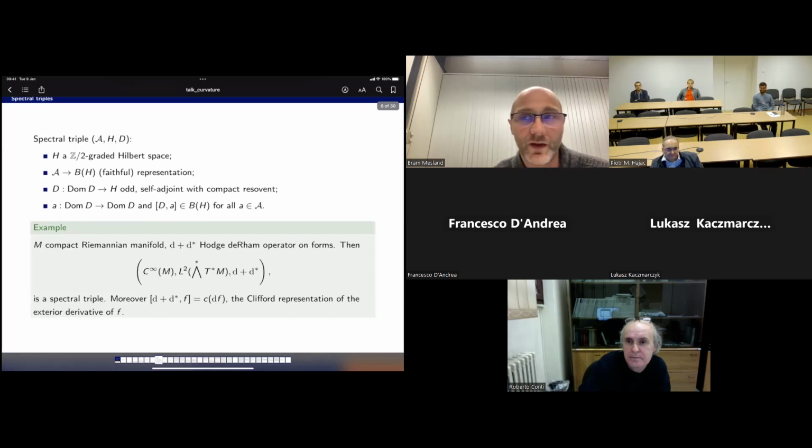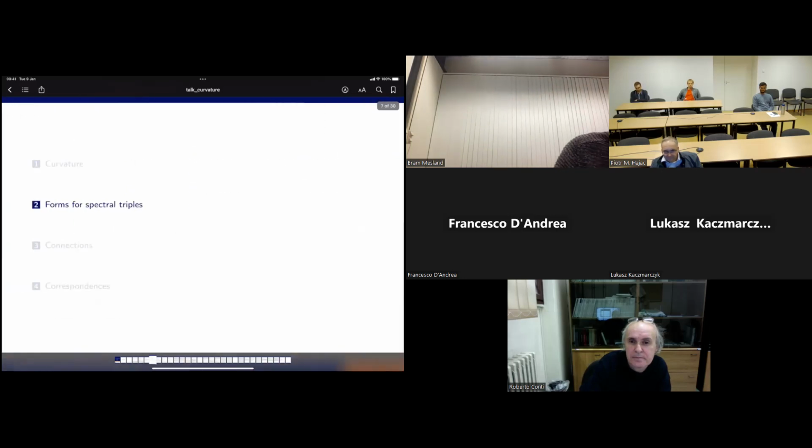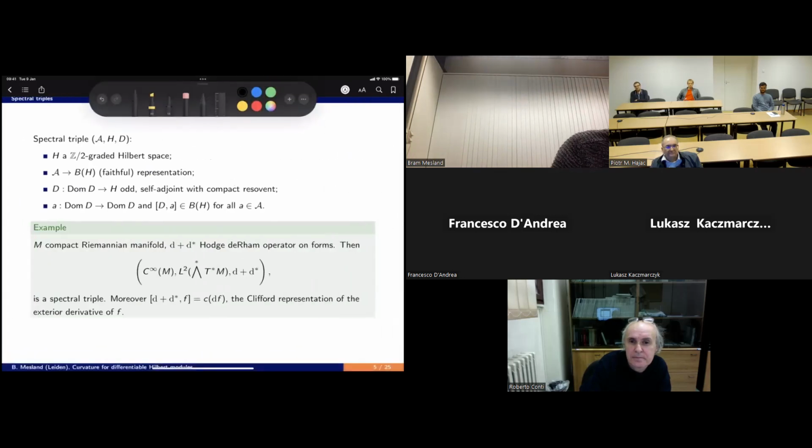So for some of the things that will appear later, it is vital that my spectral triple is graded. So I'm assuming that I have a Z2 graded Hilbert space here. And this has to do with the important role that graded commutators with the operator in the spectral triple will play later.